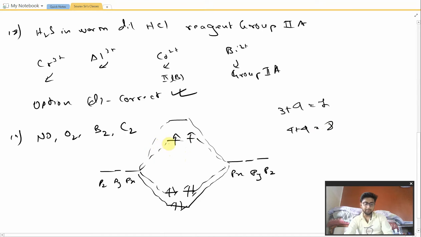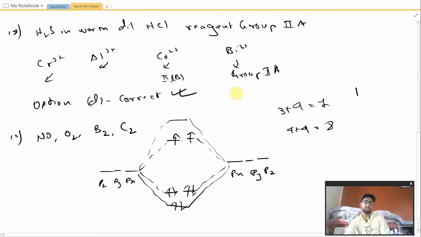Now let us talk about B2. B has atomic number 5: hydrogen, helium, lithium, beryllium, boron. Of the 5, 4 are occupied by the 1s and 2s orbitals, so 1 electron is there in the p orbital.